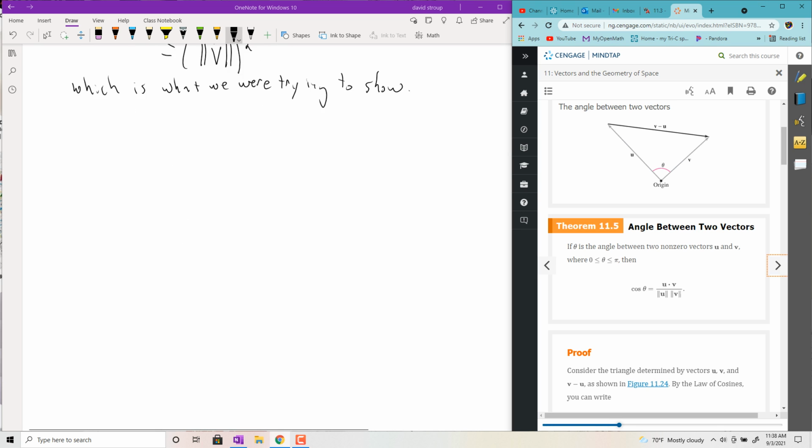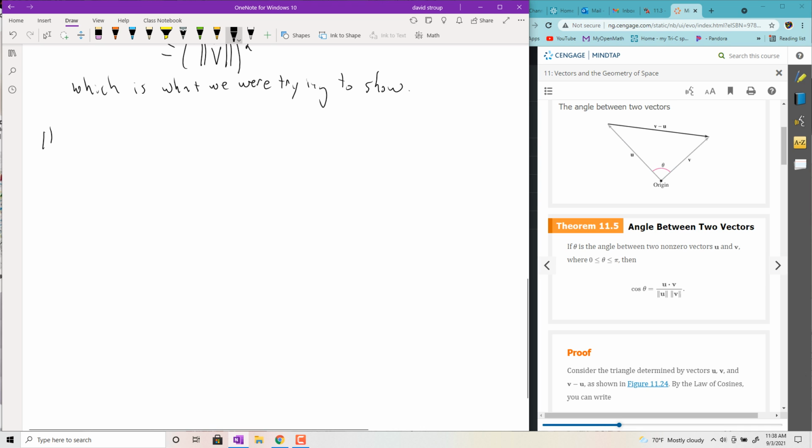So, section 2, the angle between two vectors. And we get this formula, and there are some restrictions.